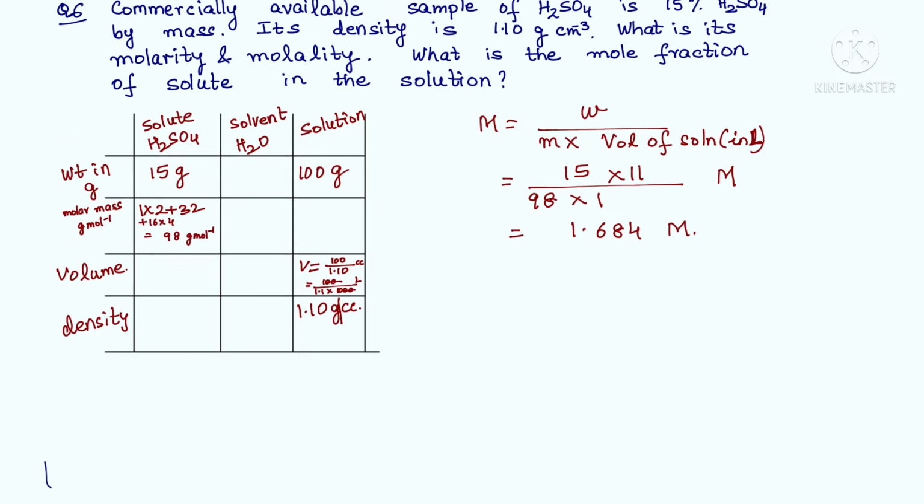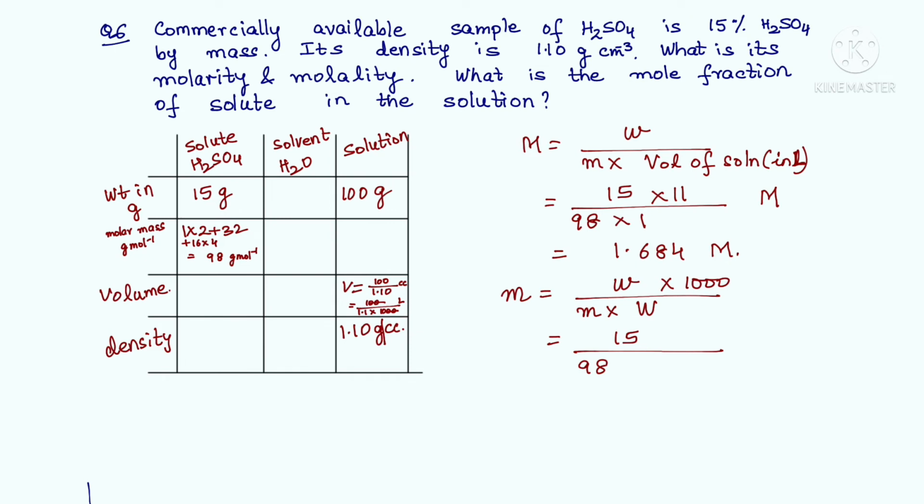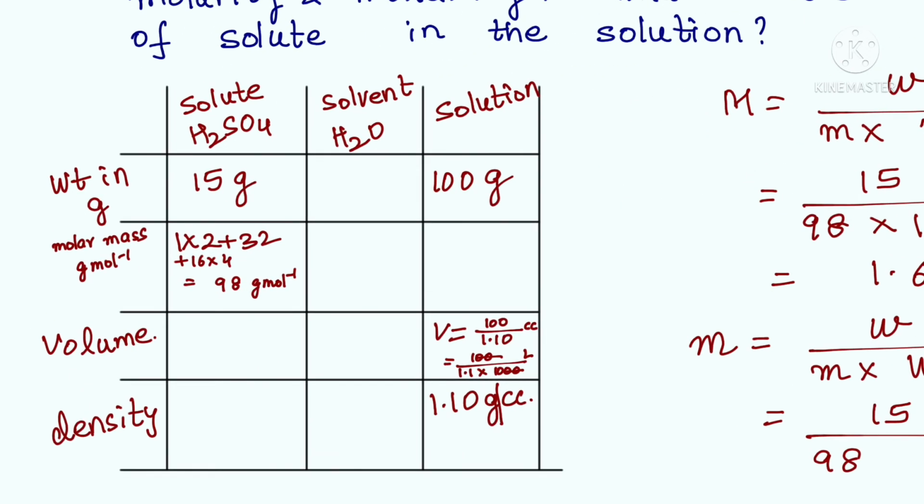Next thing that you have to determine is molality. Again, weight, molar mass, and weight of the solvent in kg. So I will convert it into kg by dividing by 1000. 15 and 98, we already have in place. What about the mass of the solvent? 100 take away 15. See, this is where the chart comes in so handy.